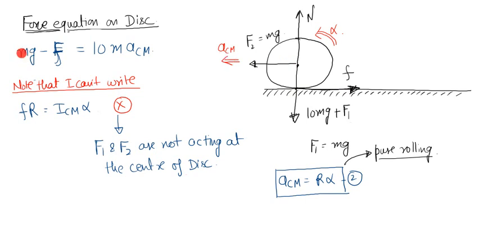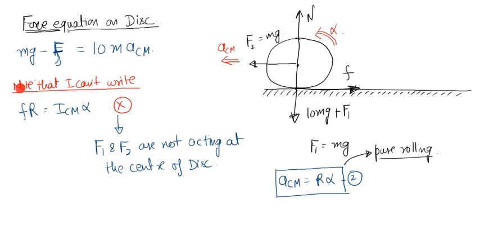F net is equal to m into ACM. F2 towards left minus f towards right should be equal to mass, which is 10m, into acceleration of center of mass. So F2 minus f equals 10m ACM is the force equation for this disk.